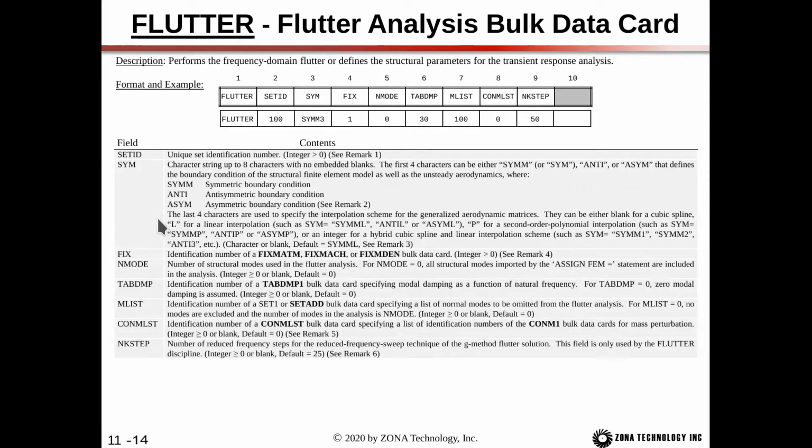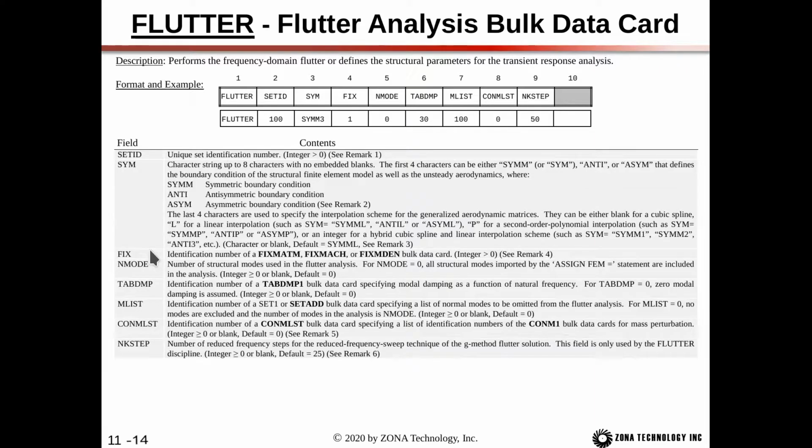And then the last 4 characters are used to specify the interpolation scheme for the generalized aerodynamic matrices. They can either be blank for a cubic spline, L for linear interpolation, or P for the second order polynomial interpolation, or an integer for the hybrid cubic spline and linear interpolation scheme.